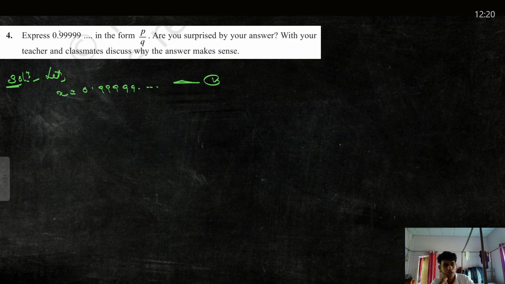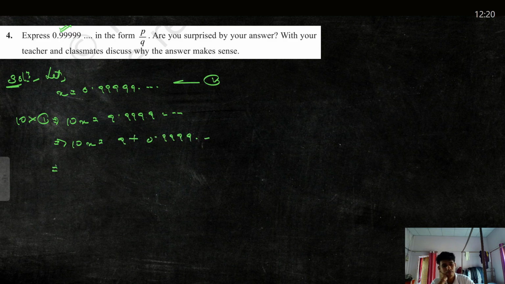Now since only one digit is repeating itself, we'll multiply it with 10. 10 times equation 1 implies 10x is equal to 9.99999. That implies 10x is equal to 9 plus 0.999, which will become 10x equals 9 plus x. That implies 9x is equal to 9. That implies x is equal to 1.